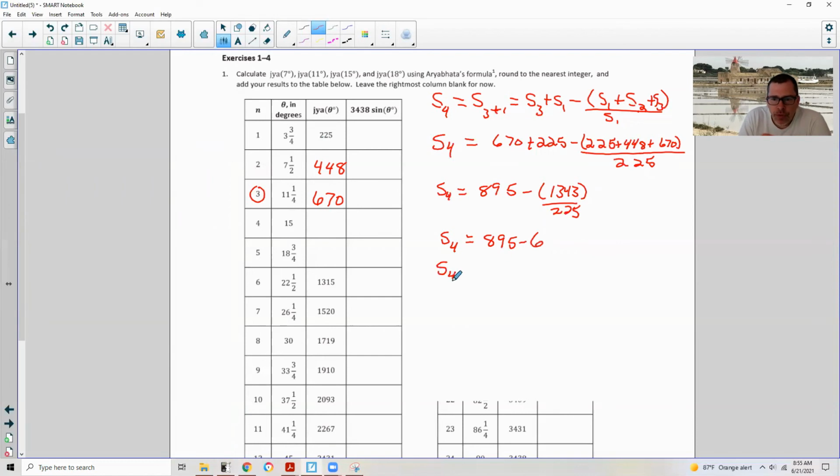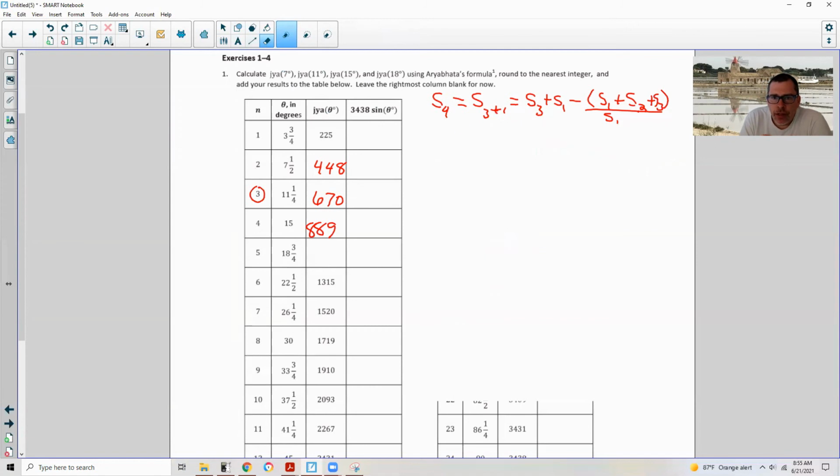So S sub 4 is 889. Okay, and each one of these is off by 1. The teacher edition says 890, 671, 449. But I'm just going to keep doing it this way. I'm not sure why it's off by 1, but it is.